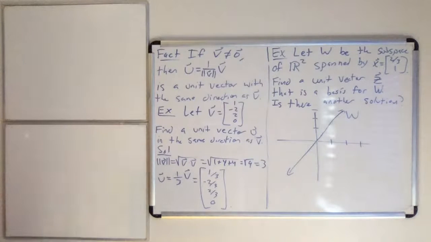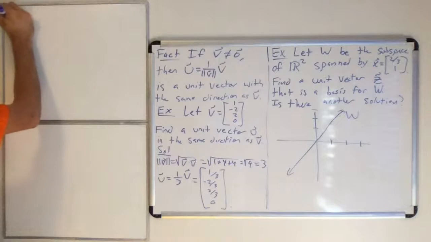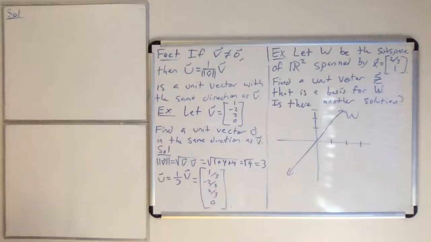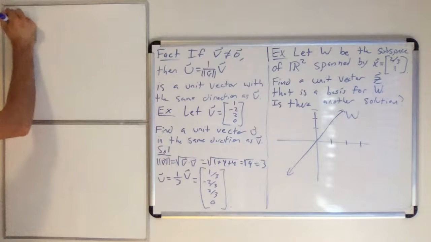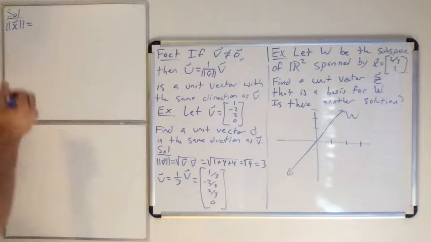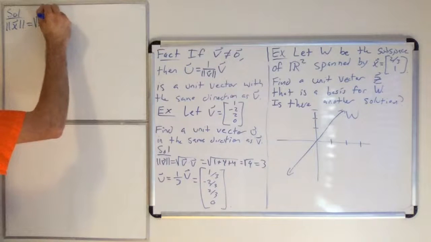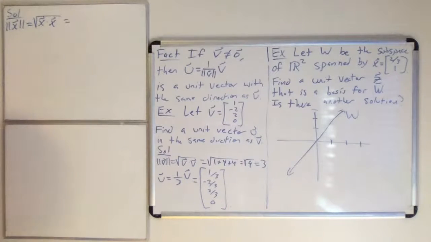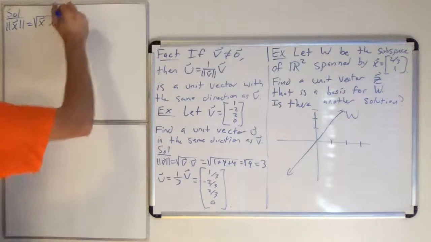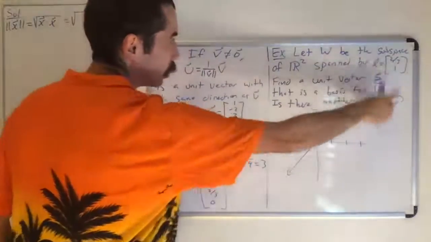So let's just work it out now, see if we can catch up with Taylor. We want to first find the length of x. It's the square root of the dot product of x with itself, which is the square root of, well, you just square each of the entries and add them together.